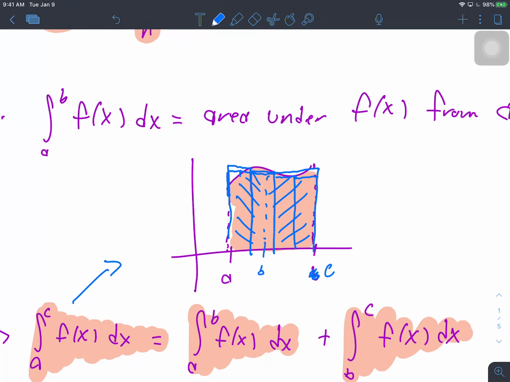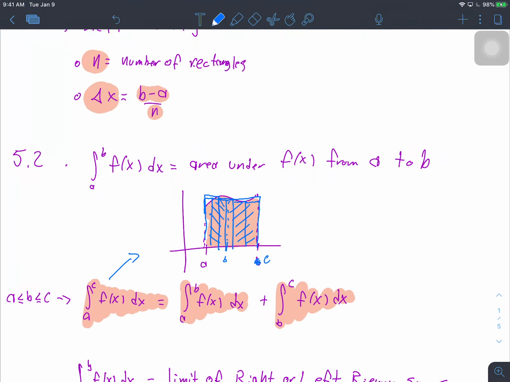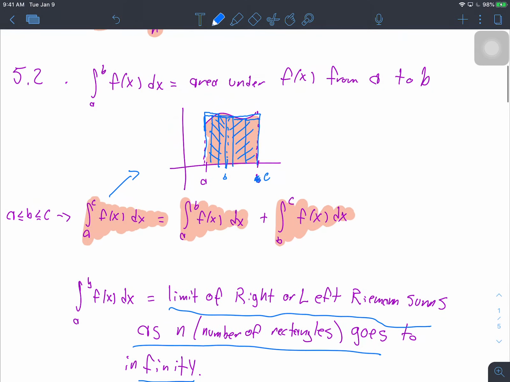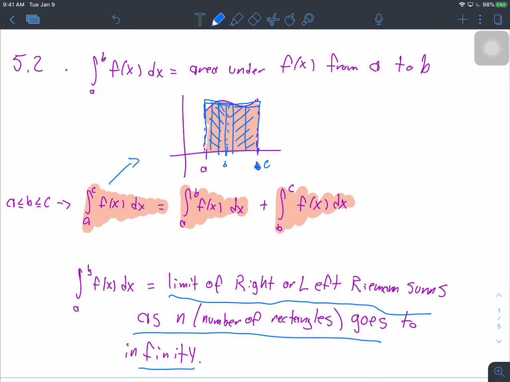If we just continue using more and more rectangles, then our estimate will get better and better. And if we look at the limit of this process, so the number that it seems like it's going to when we keep doing these Riemann sums with greater and greater numbers of rectangles, the limit of that process will be the true area under the curve.